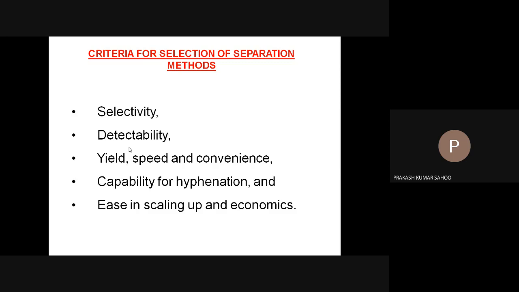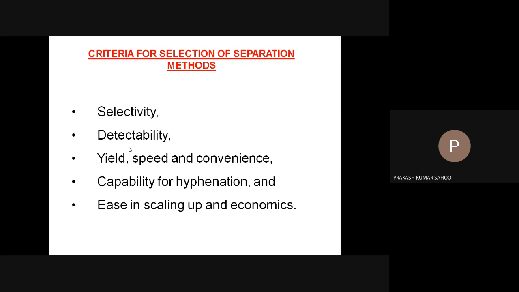The basic data has to be used to scale up the process to plant scale, and one important part is your economic part. And your separation method should be a commercial method of separation, and it should be an environmental friendly procedure. Okay, so this must be economic and easy in scaling with environmental friendly procedure.